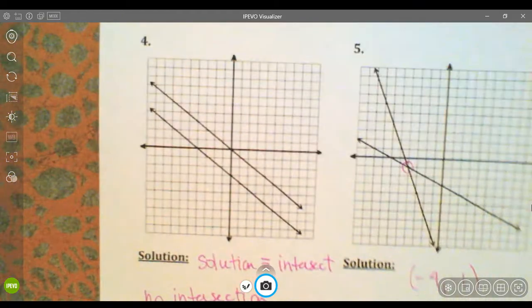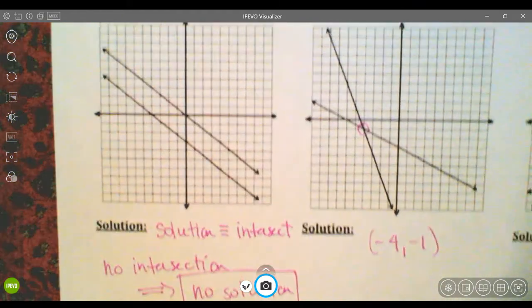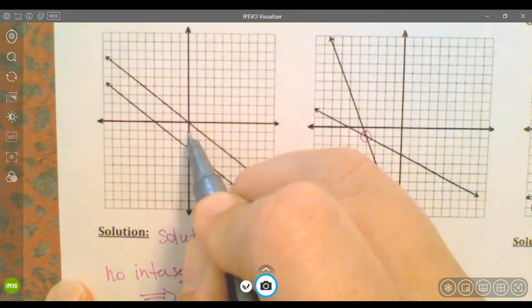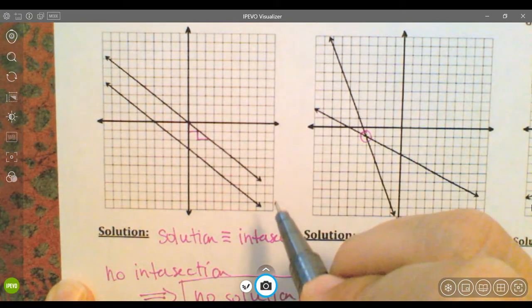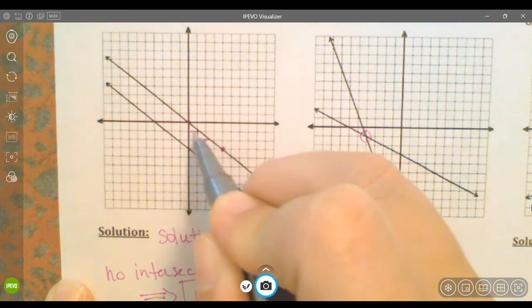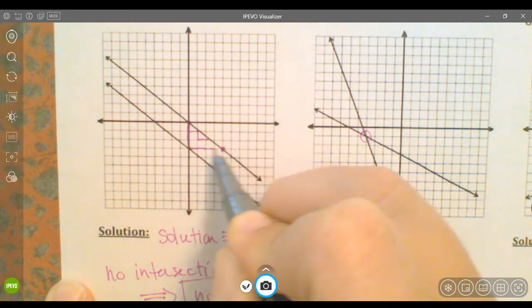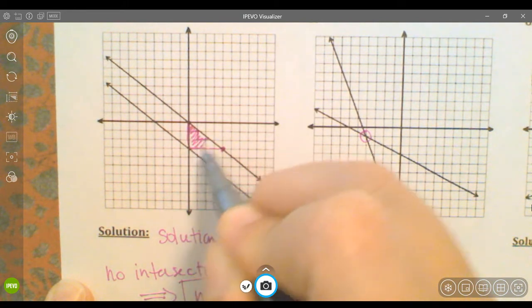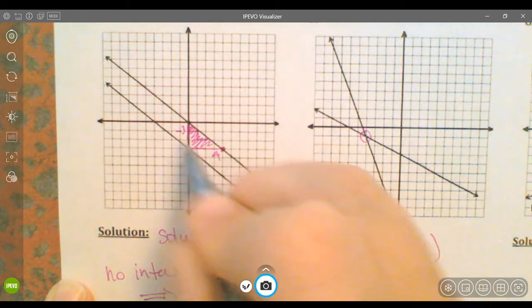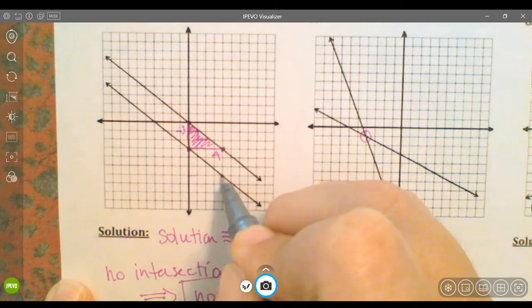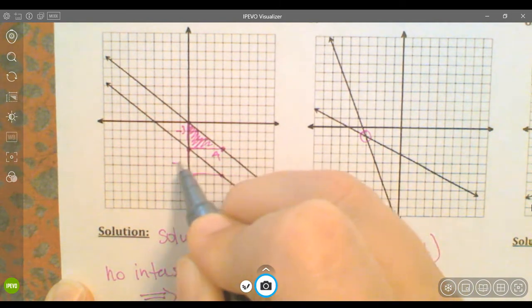Did we see that here? Well, we saw no solution here. Look at these slopes. I think it looks like it goes here. So we went down 3, to the right 4. Down 3, to the right 4. Look at this line. We went down 3, to the right 4.